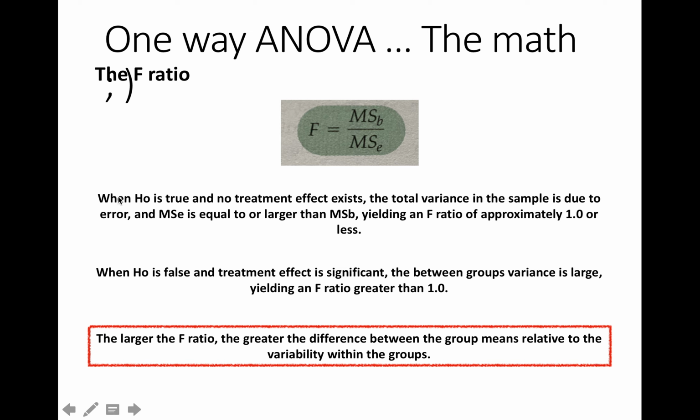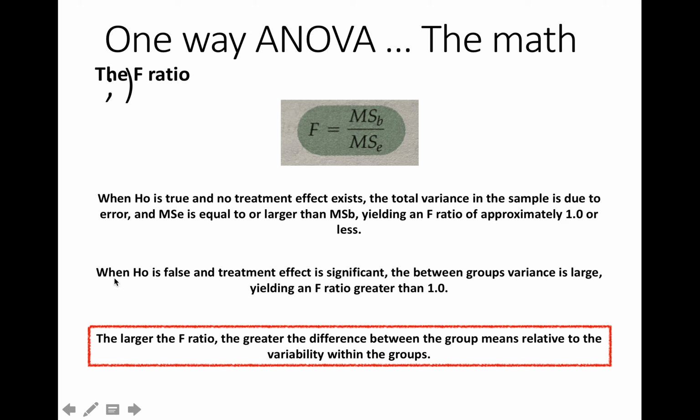Now, when the null hypothesis is true and no treatment effect exists, the total variance in the sample is due to error, and the mean square of the within groups is equal to or larger than the mean square of the between groups, yielding an F ratio of approximately 1. That's when there's no treatment effect, or when the treatment effect is super, super small.